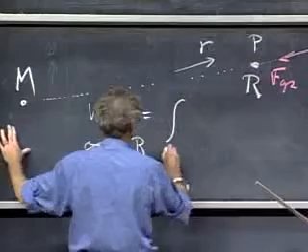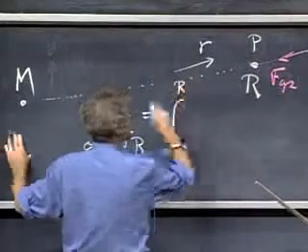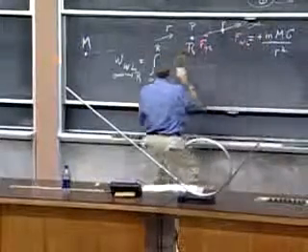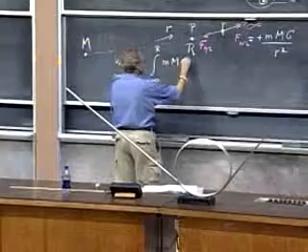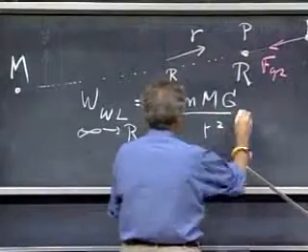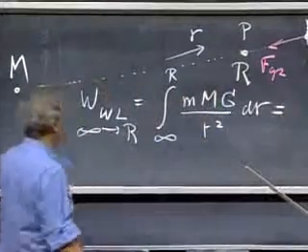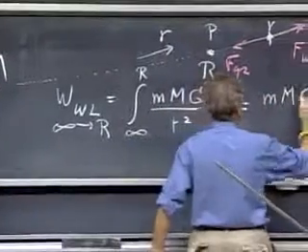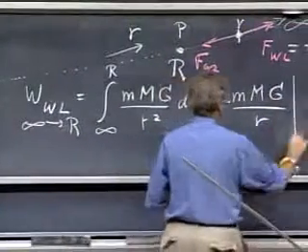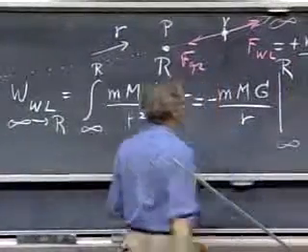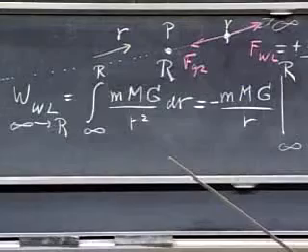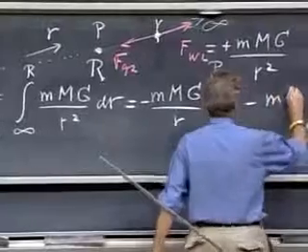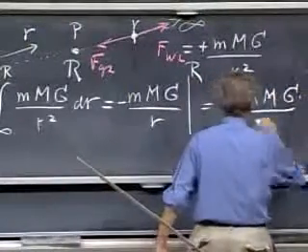So that is the integral going from infinity to R of my force, which is plus, because it's an increasing value of R, mMg divided by R squared dr. That's a very easy integral. This is minus 1 over R, so I get mMg over R with a minus sign, and that has to be evaluated between infinity and capital R. When I substitute for R infinity, I get a 0, and so the answer is minus mMg over capital R.